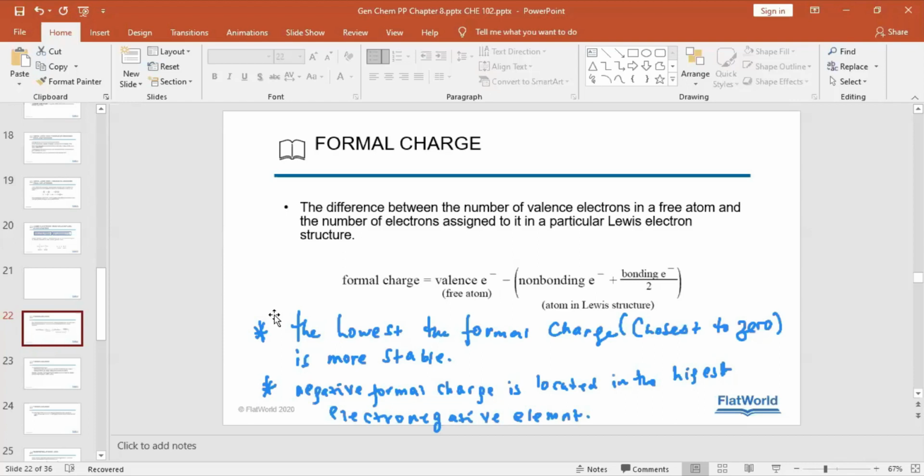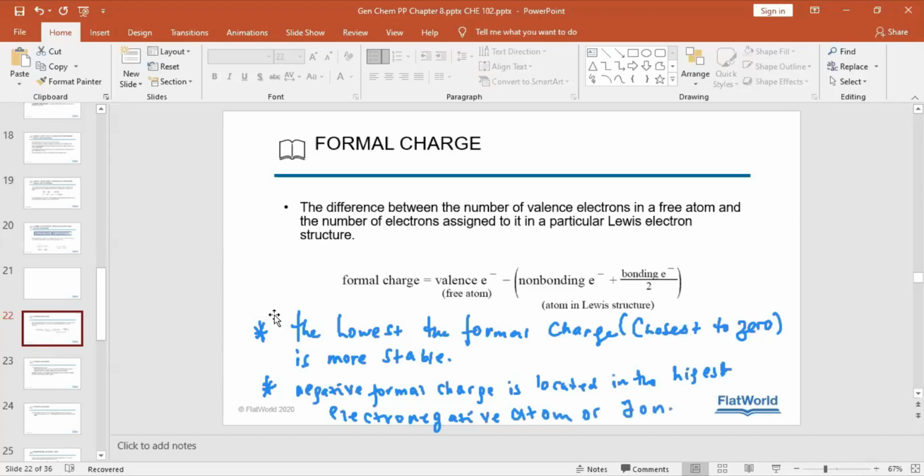The next criterion is that whenever we have a negative formal charge, that negative formal charge has to be located on the most electronegative atom. I would like to use not element, but atom, or ion.